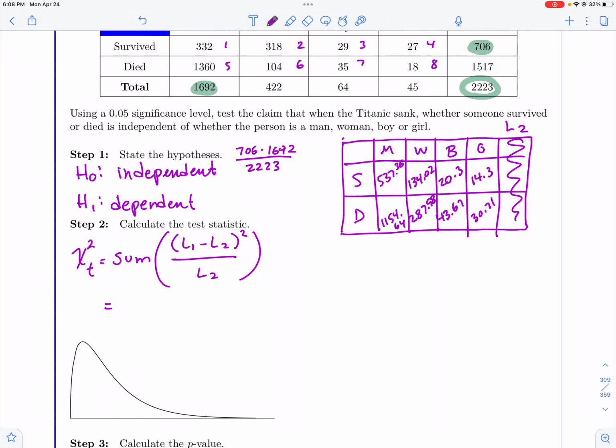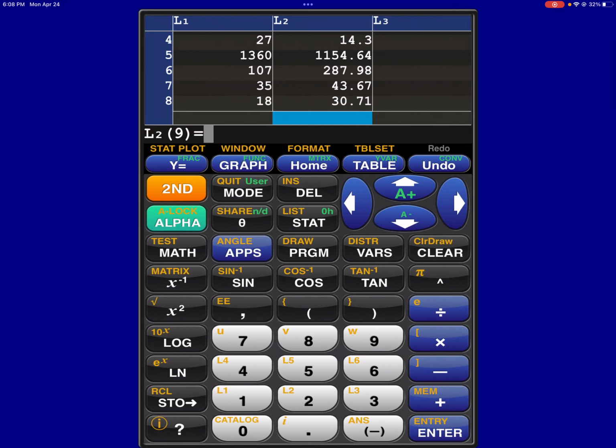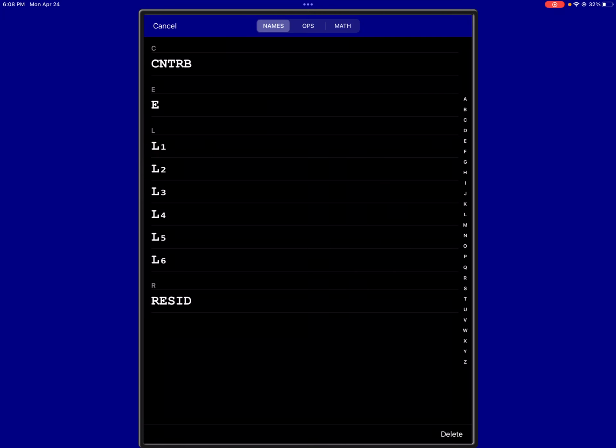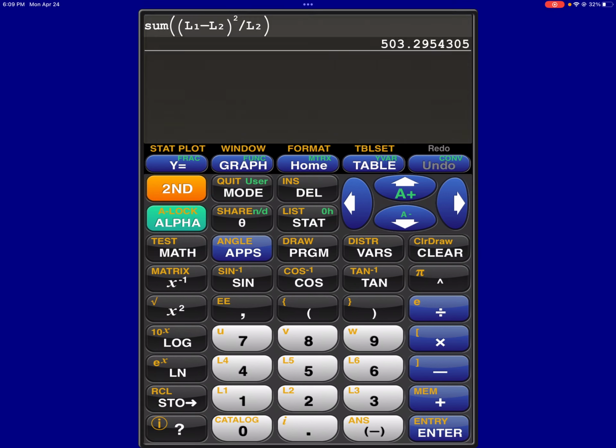And so if we put this in the calculator, again we'll hit second quit, second stat to go into list mode, math, sum, and then our parenthesis list 1 minus list 2 squared, all divided by list 2, gives us 503.29.